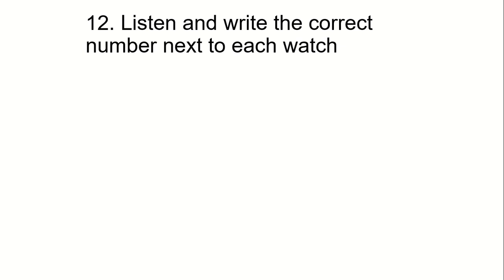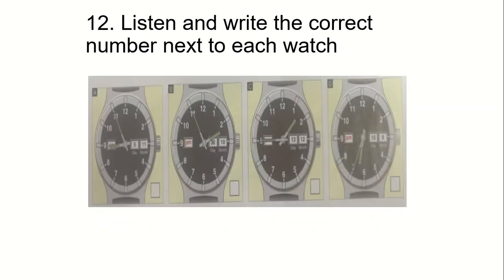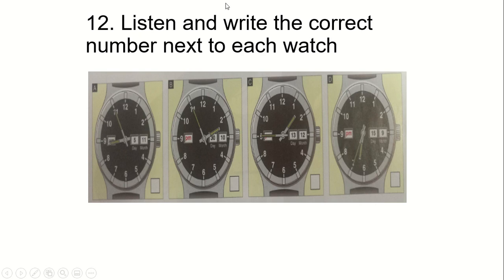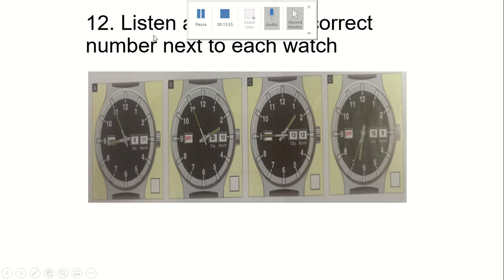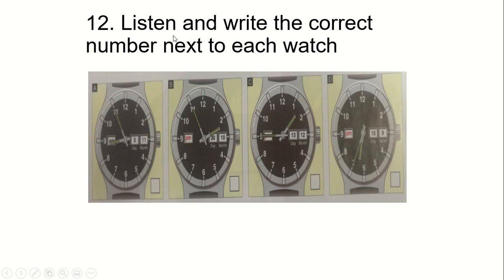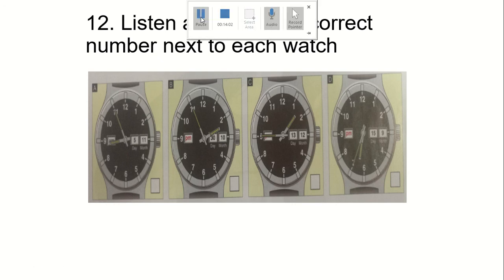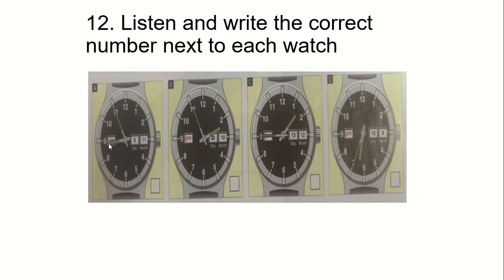Okay, and now we're going to do another listening exercise and write the correct number next to each watch. Here we have some watches. They have the time and the date. So this is the 5th of November. This is the 30th of October. This is the 13th of December. And this is the 15th of September.